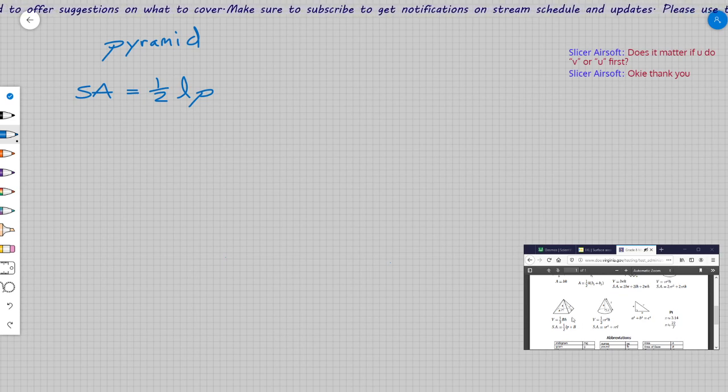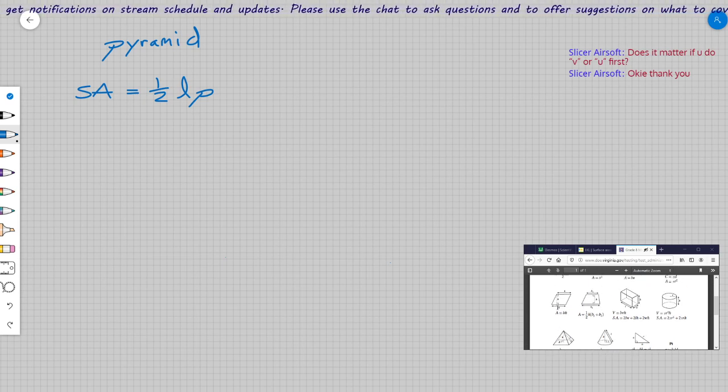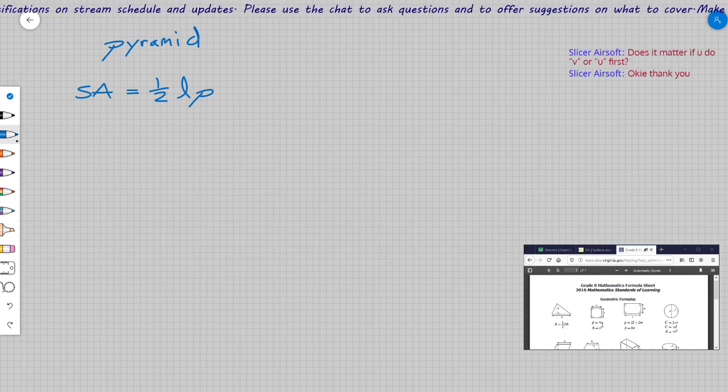So again, looking at the perimeter of the pyramid, starting from this corner here, we would add this length in the back, and then this length along the sides. So you want the perimeter of the base, and depending on what shape it is, you would just use the perimeter formulas that are right here.